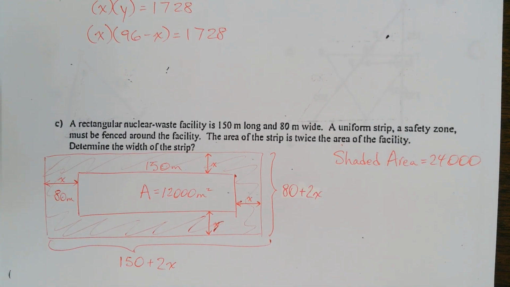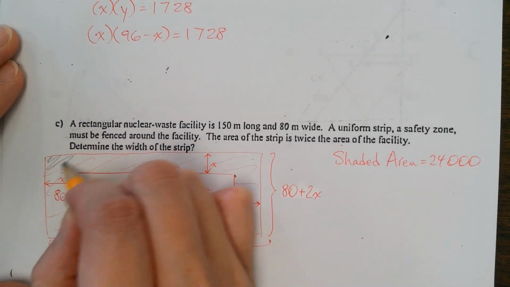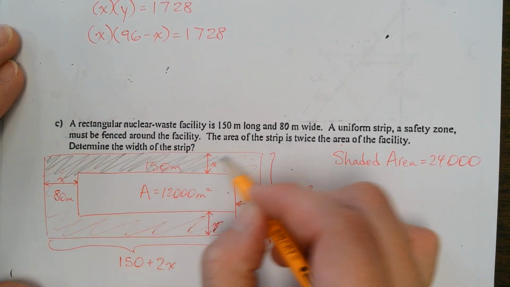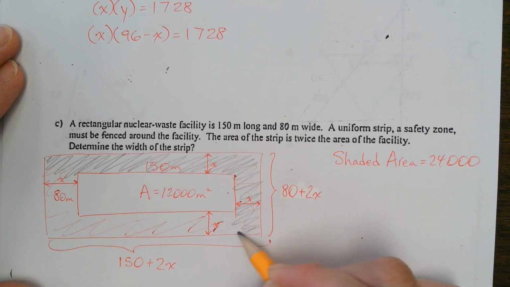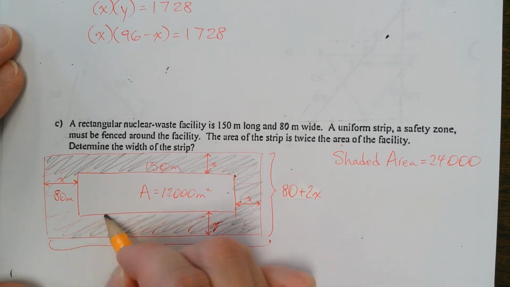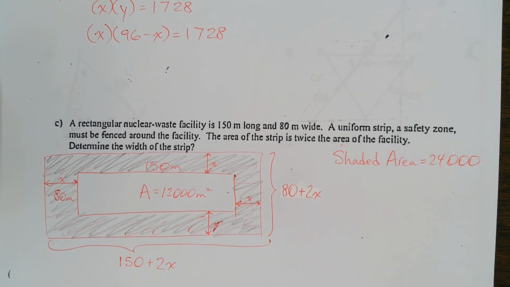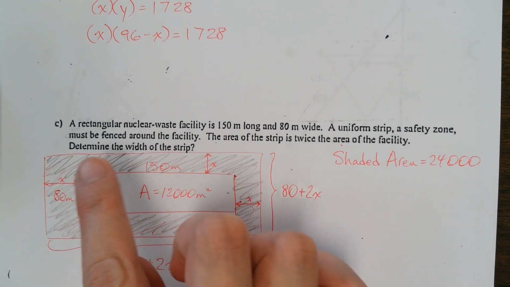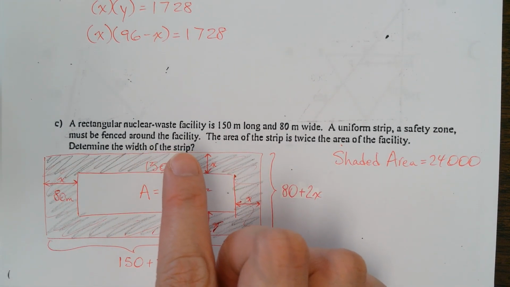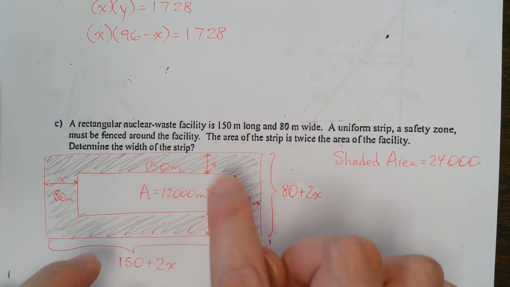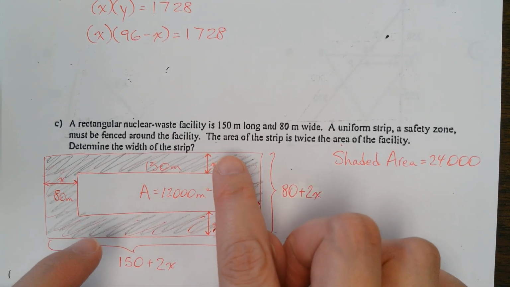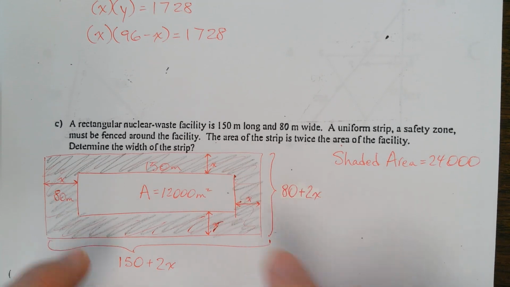And I am looking for, so here, I've shaded it better, what is the width of the strip? So I'm solving for x, but I need to figure out what the area of that shaded part is.